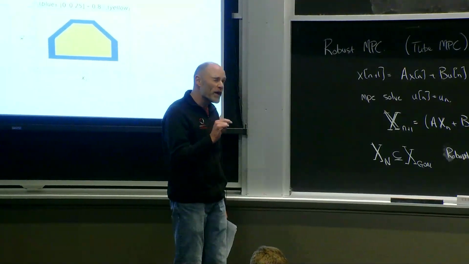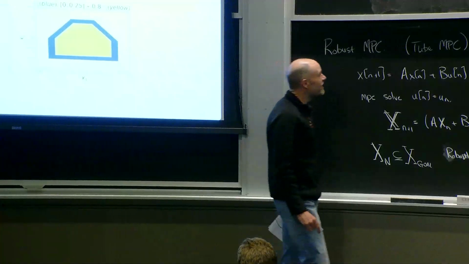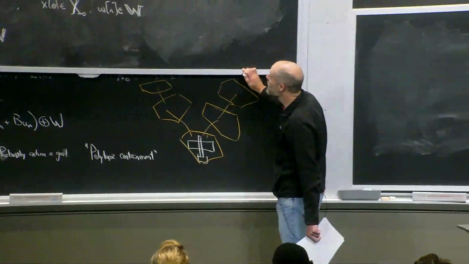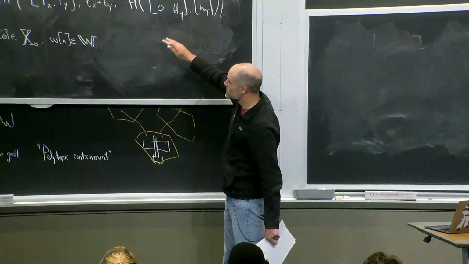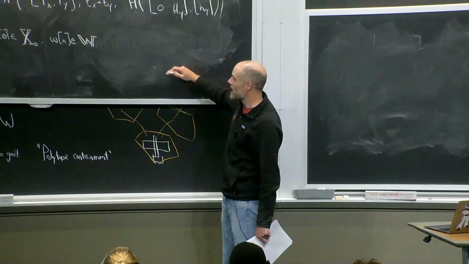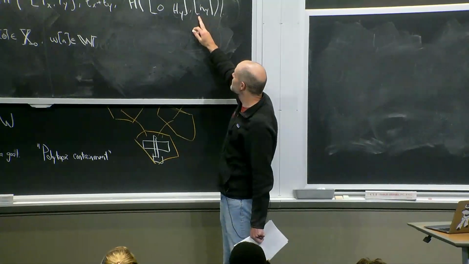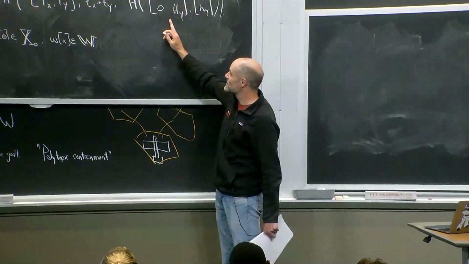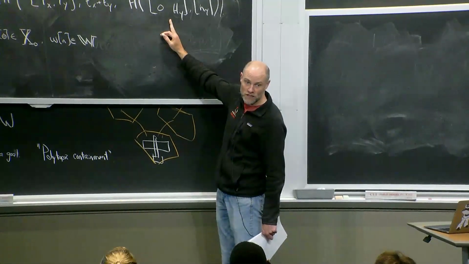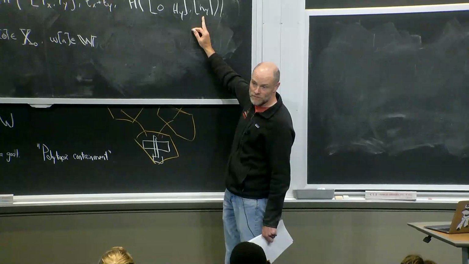It's not quite as beautiful as I make it sound, if you look at the details. Here's the gotcha. Every time I take a Minkowski sum of x with w, which happens once per time step, the size of my description of the polytope, the number of faces in the polytope, grows with the dimension of my description of w.